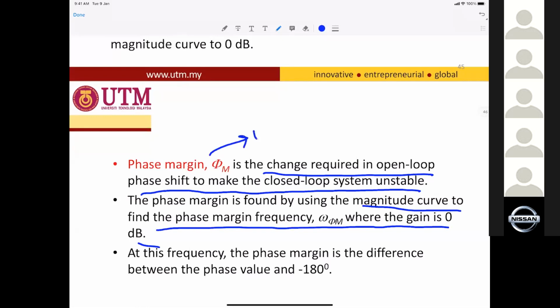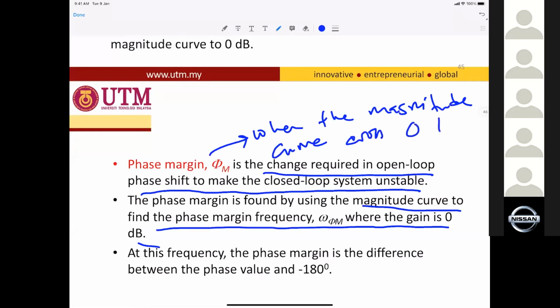So this is when the magnitude curve crosses the 0 dB line. Okay, so it will give you the omega PM.